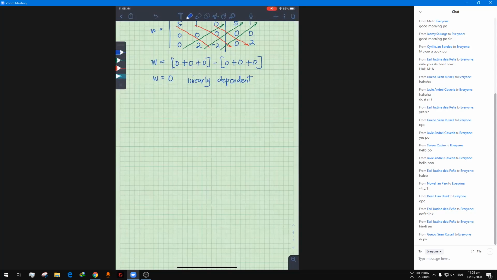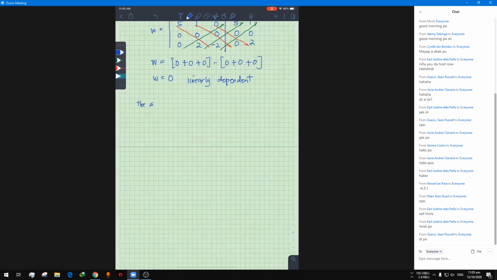So ang mas madali would be the Wronskian method. So gumagamit tayo ng determinants. If the determinant is equal to 0, that is linearly dependent. If the determinant is greater than or other than 0, so that is linearly independent. Ang tanong, sir, anong sense nung linearly dependent at saka linearly independent? Okay? So this is just our summary here.